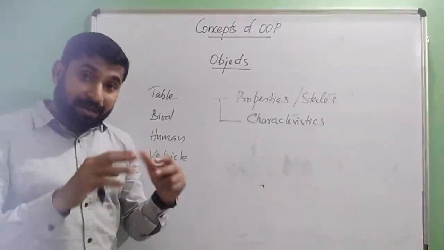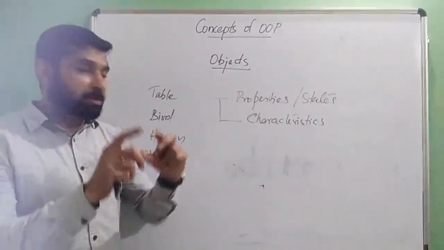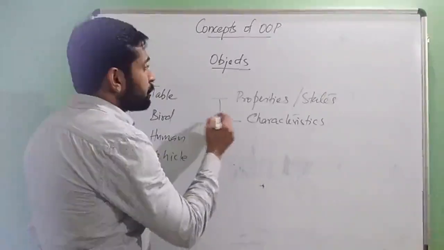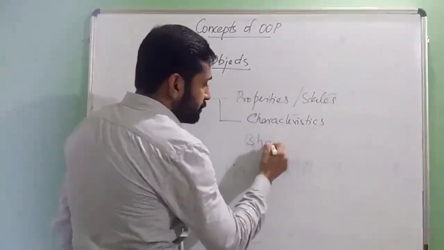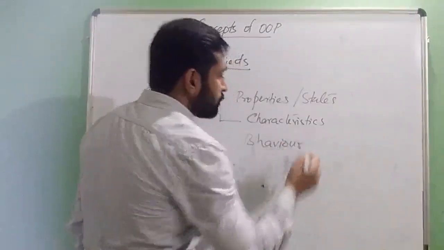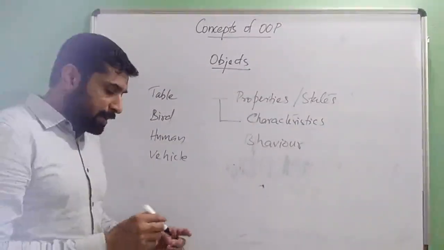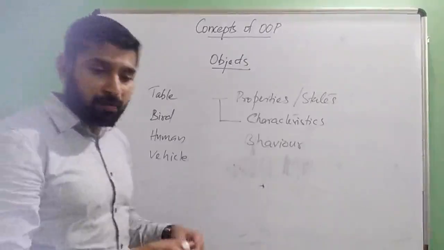These characteristics distinguish an object from another. Then an object has behavior. So let us see what the properties and behaviors are.